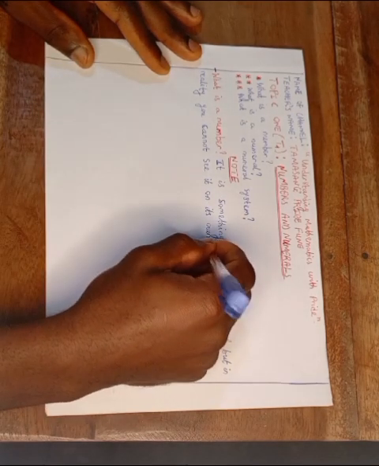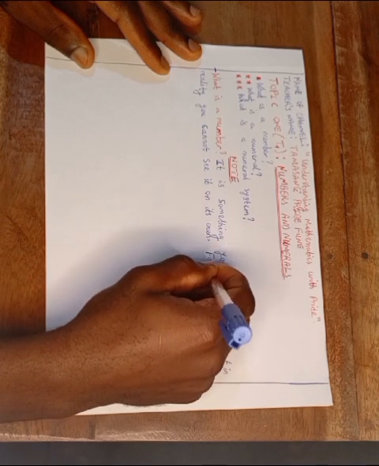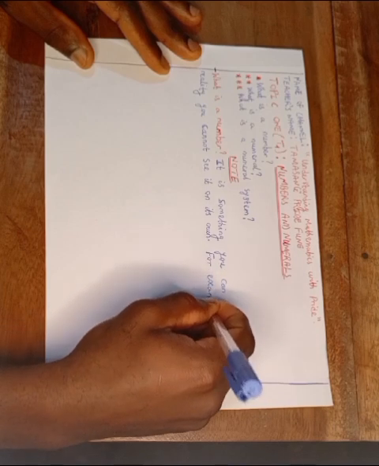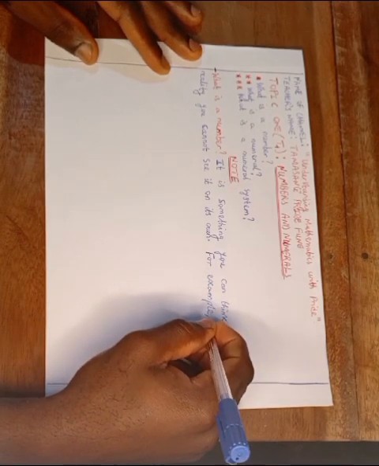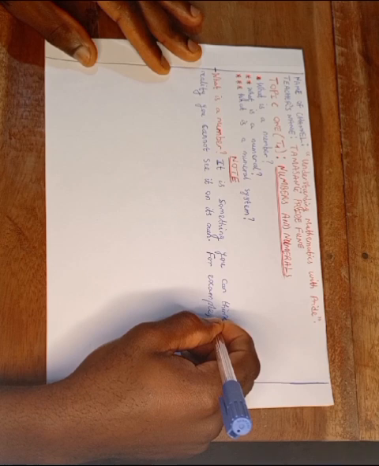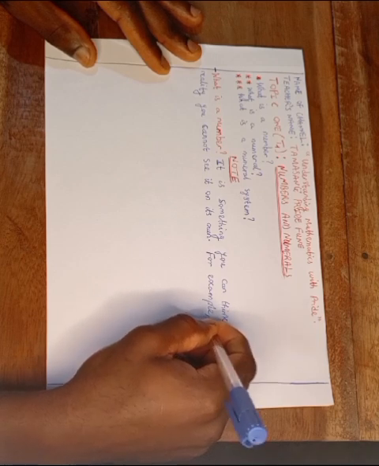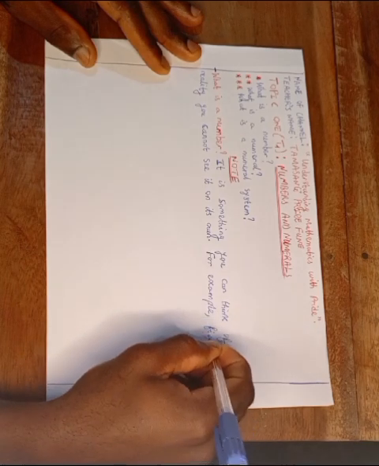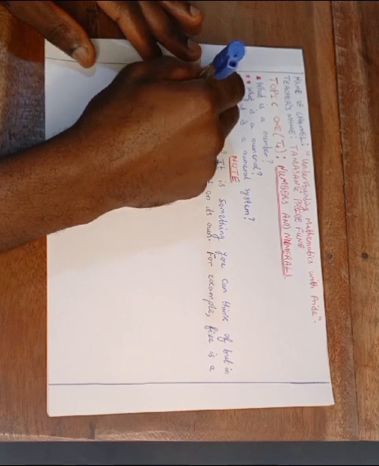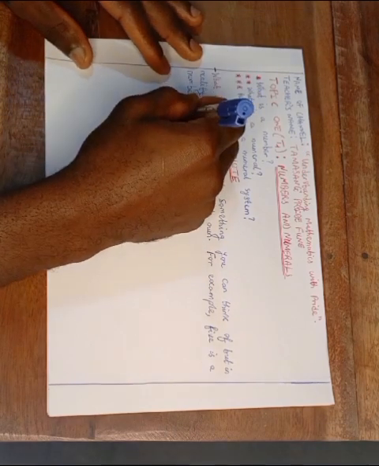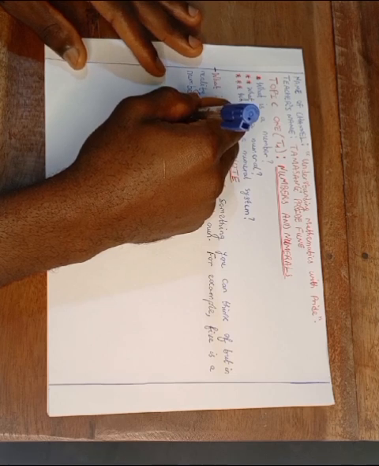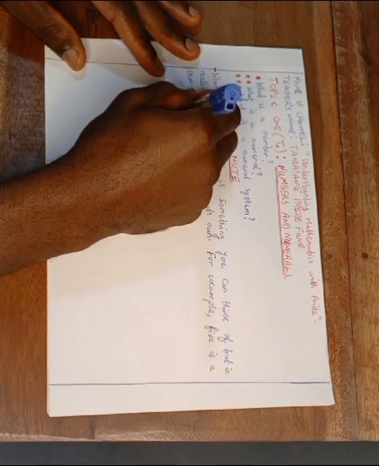Let's take for example, 5 is a number, and it cannot be seen on its own.